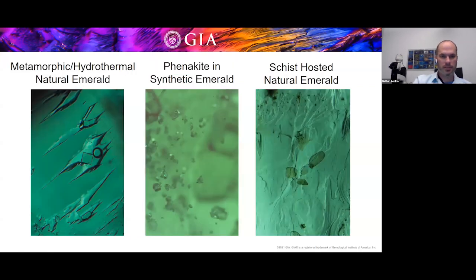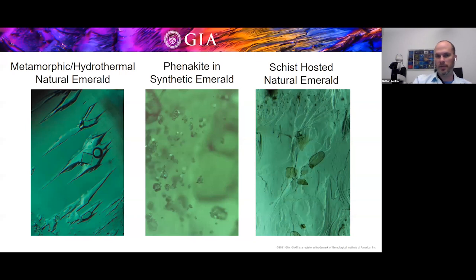Another small comparison here with our two main types of emeralds. In the metamorphic hydrothermal types of emeralds, you incorporate lots of fluid inclusions and things like that. In the schist-hosted emeralds, we have biotite grains like we mentioned here. There's another type of mineral inclusion we see in emeralds, and that's phenakite, but we only see phenakite inclusions in synthetic emeralds.